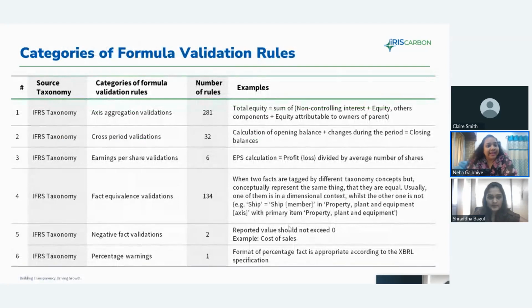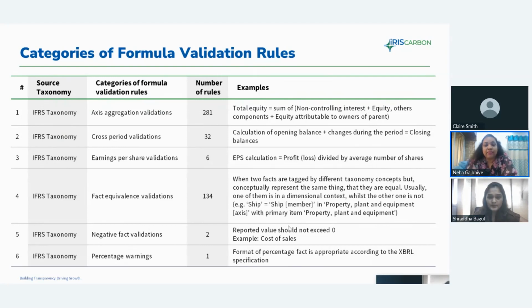So these are the categories of formula validation rules. As I discussed in my earlier slide, there are 3 segments: IFRS taxonomy, ESEF taxonomy, and LEI taxonomy rules. Under these segments, few validation rules have been defined. For example, the first category is excess aggregation validation. For example, you want to sum up any dimensional data.